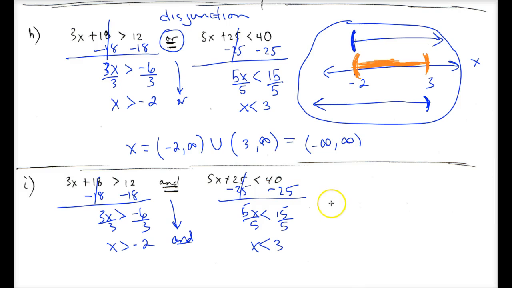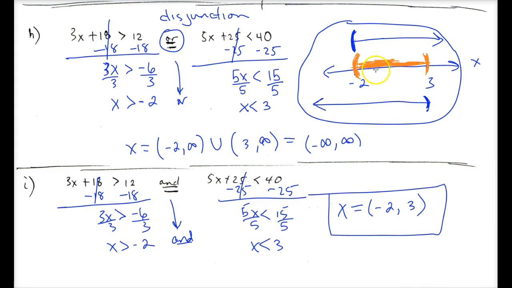So essentially, if we're writing this answer in interval notation, it's just going to be all the values of x strictly in between -2 and 3. And this is how we would write it. And the orange graph here is how I would draw that on a number line if I were trying to describe that.